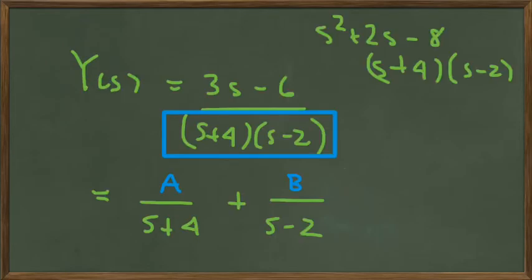3s minus 6, and on the right-hand side, when we multiply by s plus 4 times s minus 2 times this expression here, the s plus 4 cancels out, and we're left with a times s minus 2.